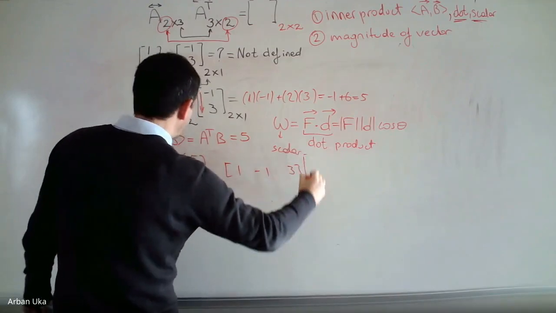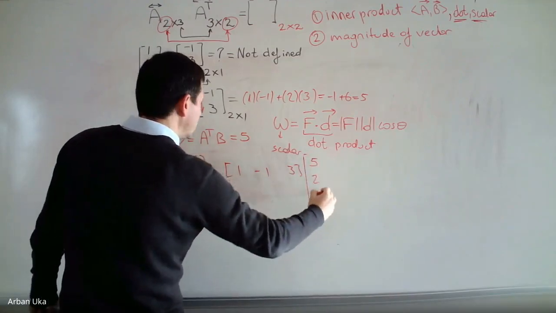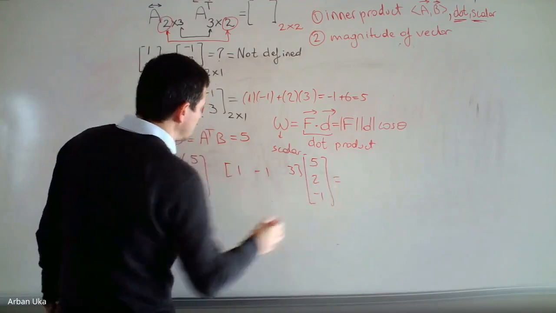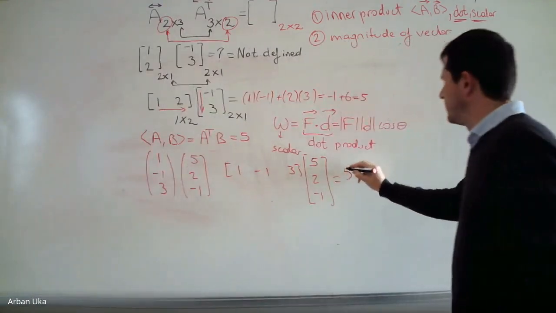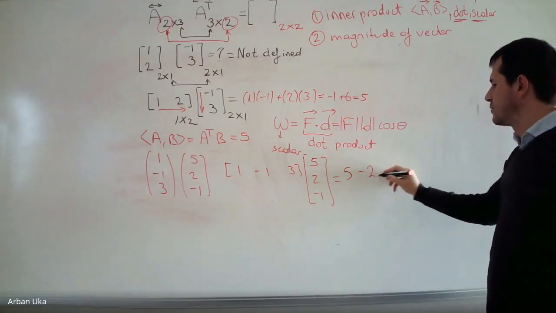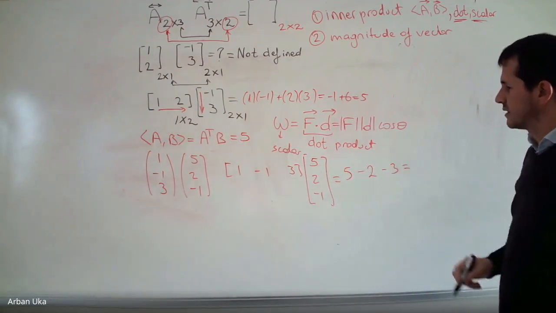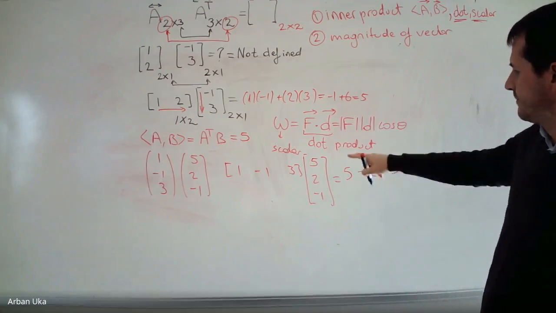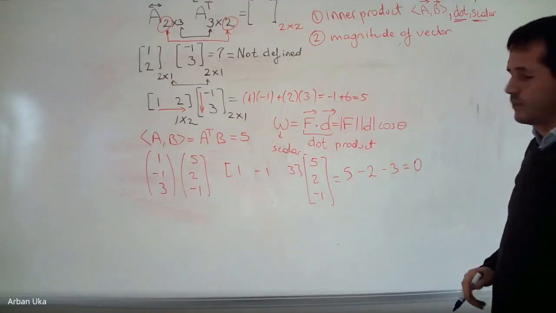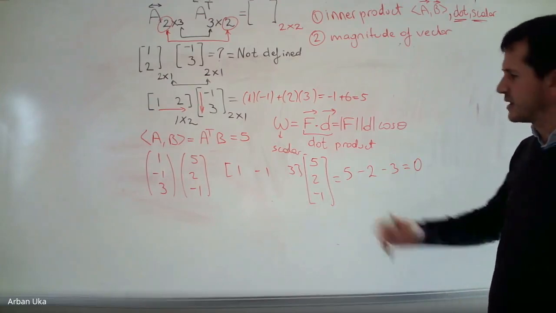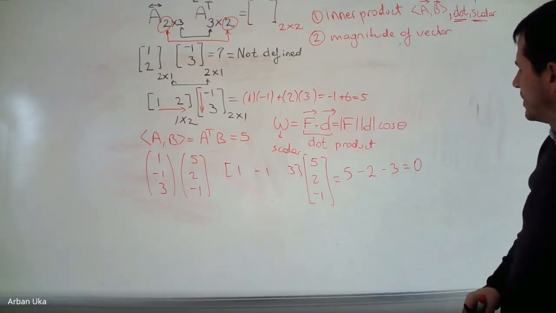We multiply it with 5, 2, minus 1, and as a result, we get 5, minus 2, minus 3. Is this really true? Let me check. 5, minus 2, minus 3, we get 0, okay? So we got 0. We randomly picked these numbers, but we find out that we get a 0.